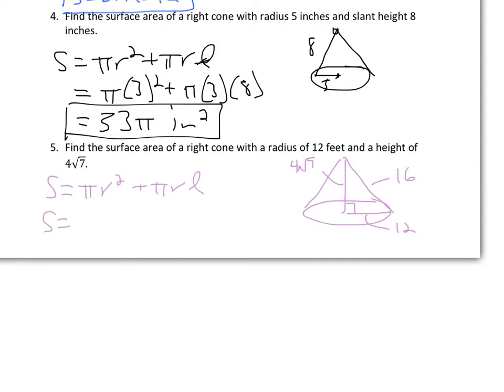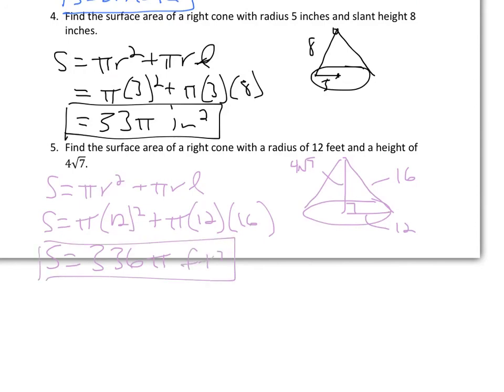So we have S equals pi times r squared plus pi times r times l. So 144 pi plus 12 times 16 is 192 pi. So we just need to do 144 plus 192, and you get 336 pi square feet. And that's all you got to do for that section.